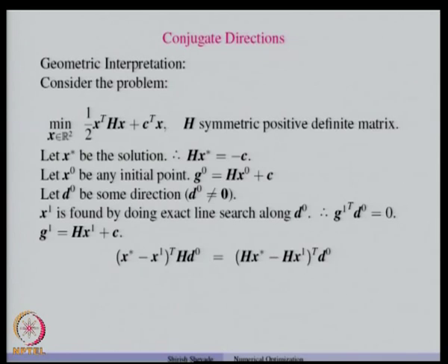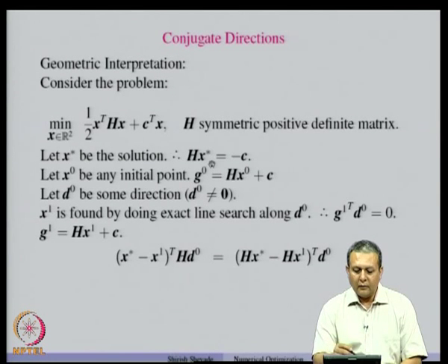Now, if you look at this expression, x star is nothing but minus H inverse c, or we can bring H inside and write this as (Hx star minus Hx1) transpose d0, and this Hx star is nothing but minus c.